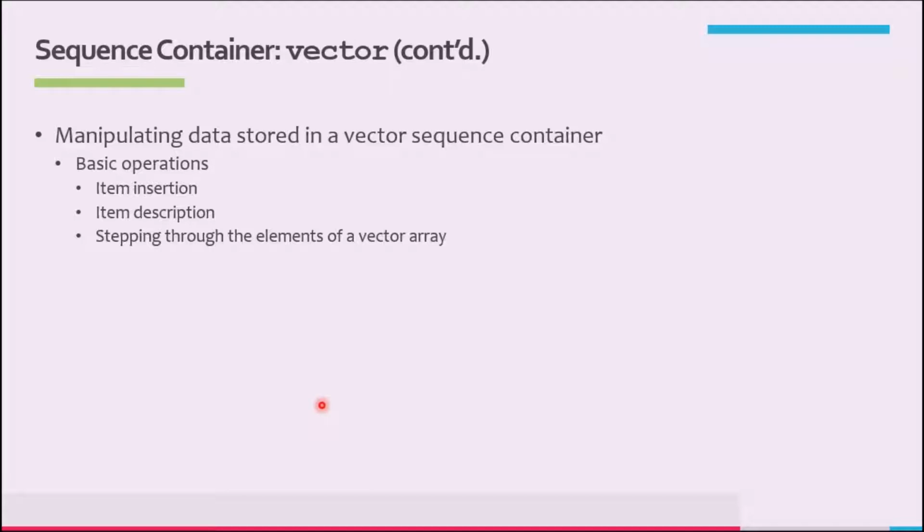Now that we know how to declare a vector sequence container, let us now discuss how to manipulate data stored in a vector container. To do so, we must know the following basic operations. So basic operations include item insertion, item deletion, and stepping through the elements of a vector container.